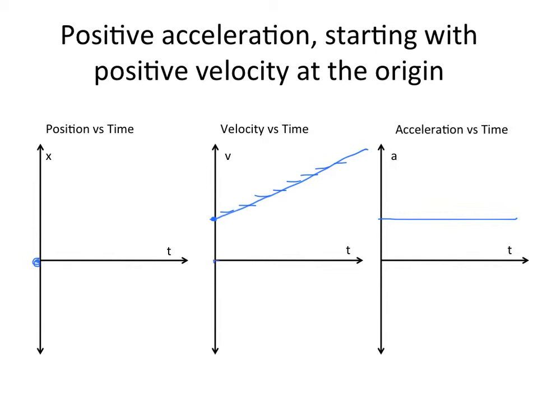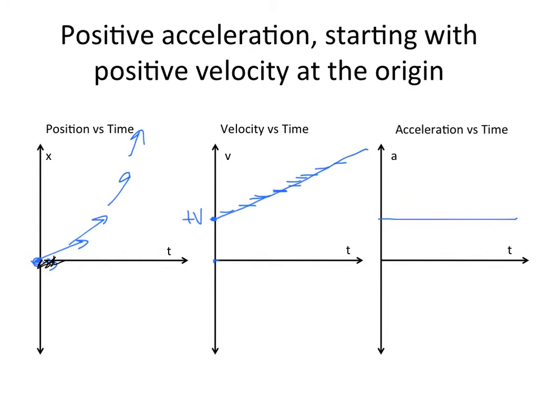I need to start with some sort of positive velocity, some sort of positive slope, and then that slope becomes more and more positive, or positiver and positiver, like that. So it doesn't start off completely flat. Oh no, it actually starts off, oops, I can't even erase that. I'm just going to scratch that out.